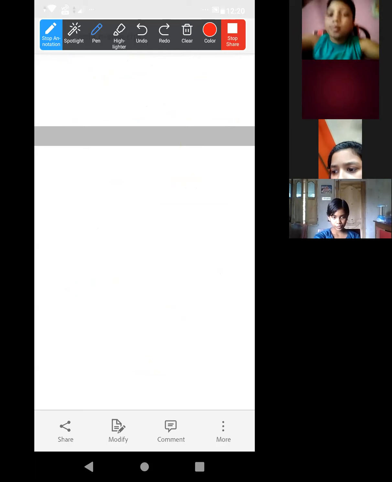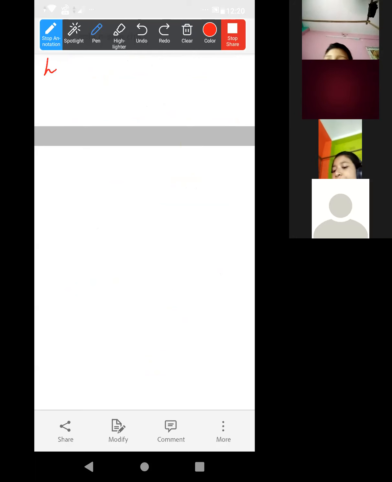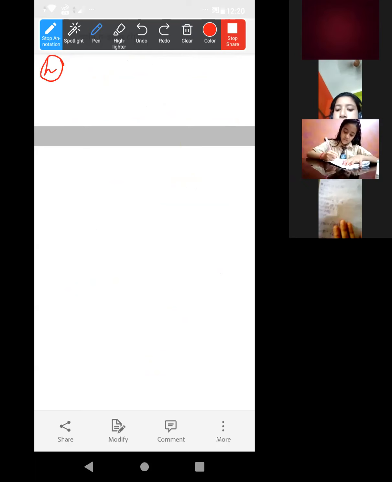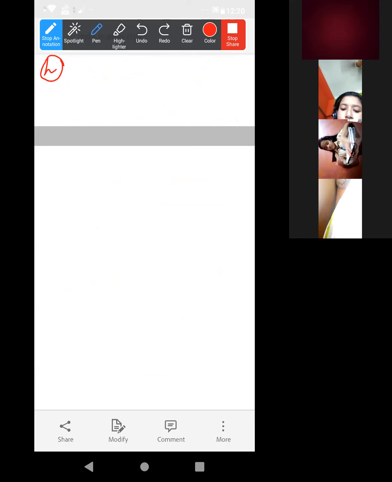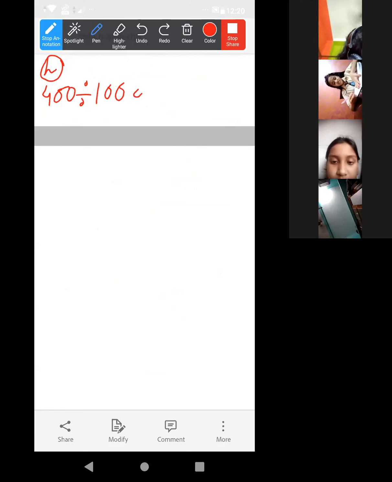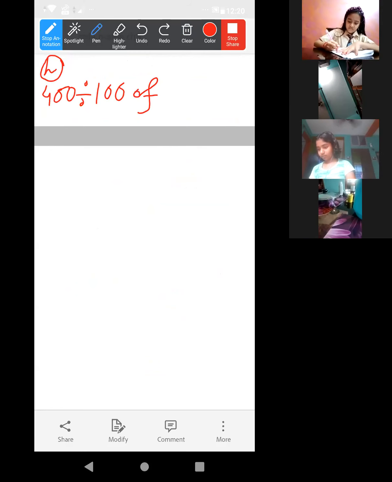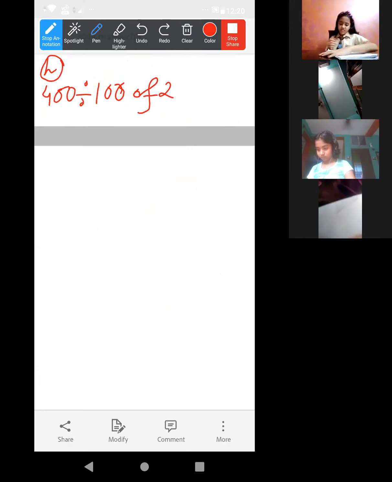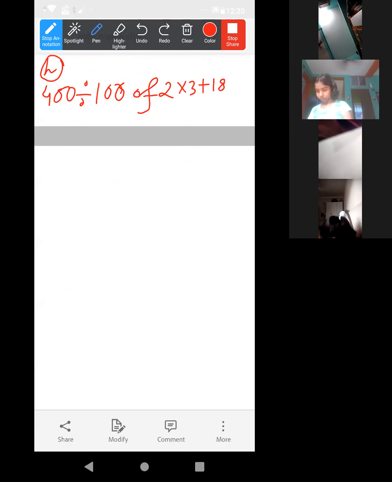Now H. This one is also very much important. 400 divided by 100 of 2, into 3 plus 18 minus 9.